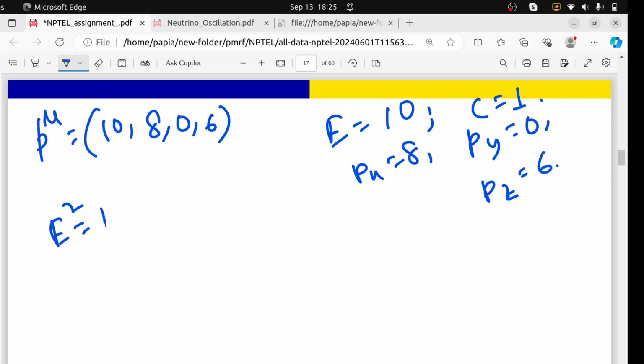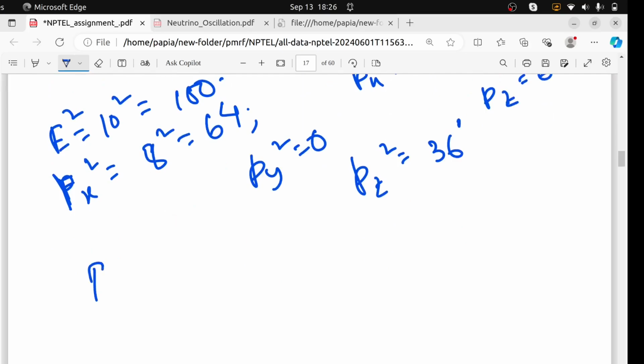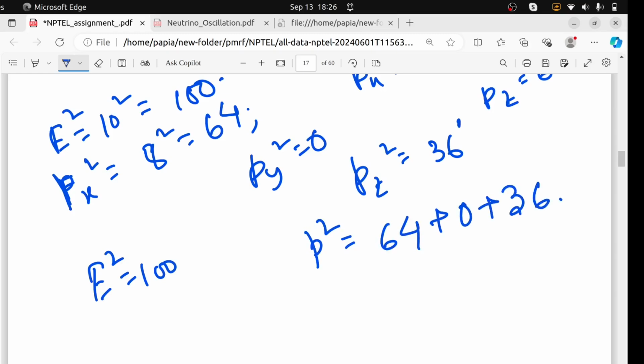Now E squared is 10 squared, which is 100. px squared is 8 squared, 64. py squared is 0. pz squared is 6 squared, 36. So E squared is 100, and p squared is 64 plus 0 plus 36, which is 100. Now you can see that E squared is exactly equal to p squared.